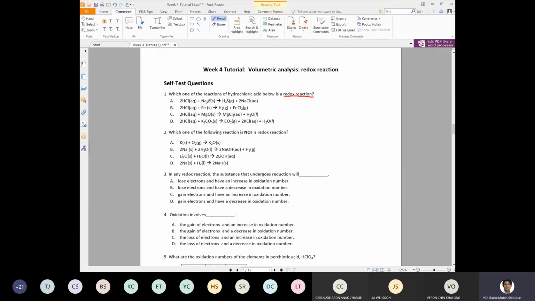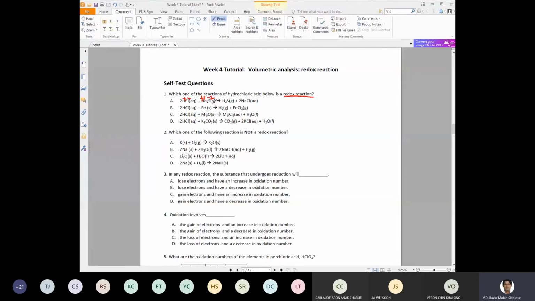For A, we have HCl and sodium sulfide. H is positive 1, chloride is negative 1, sodium is positive 1, and sulfur is negative 2. Although sulfur has other oxidation states, the most prevalent is negative 2.